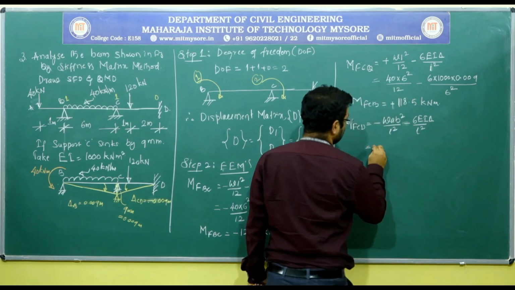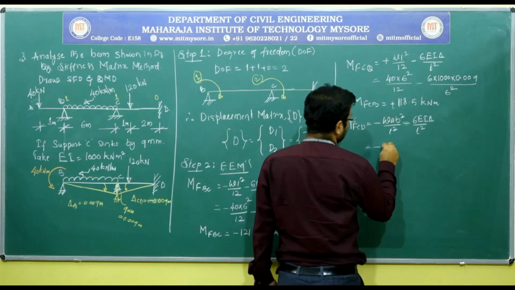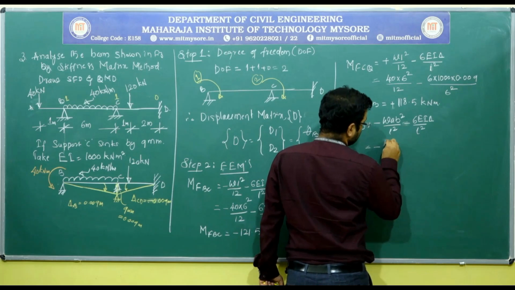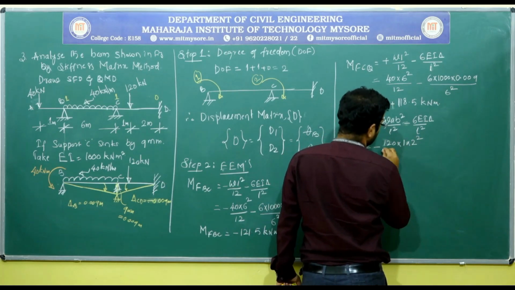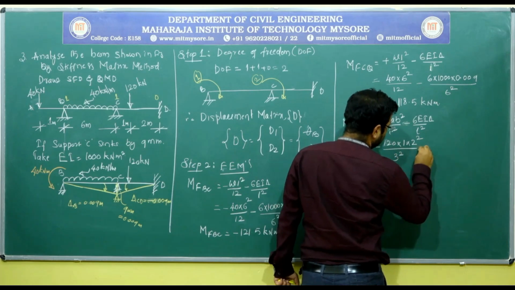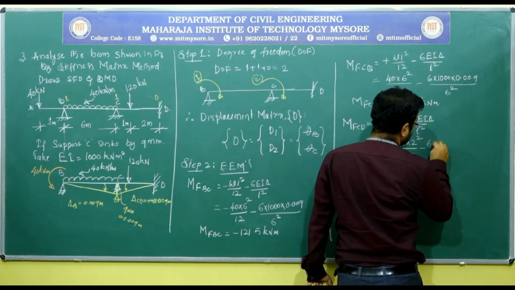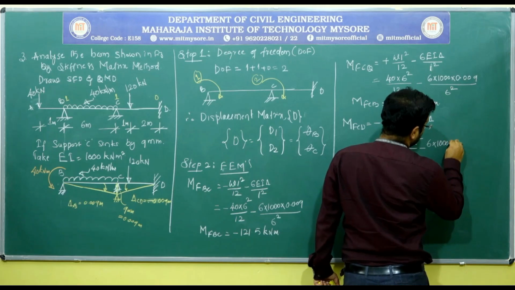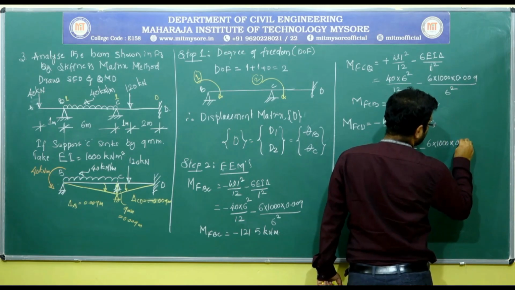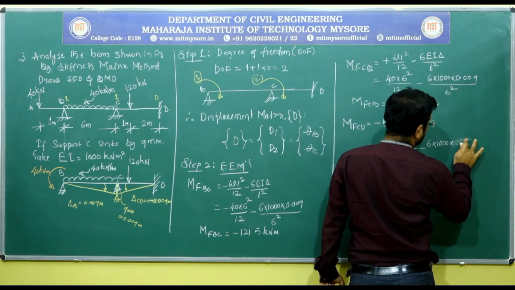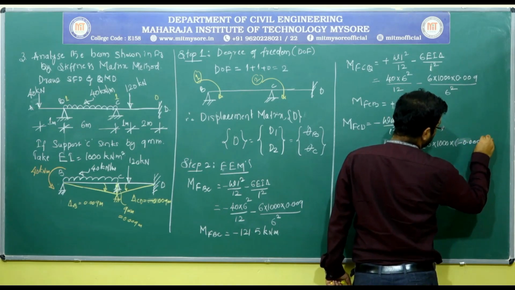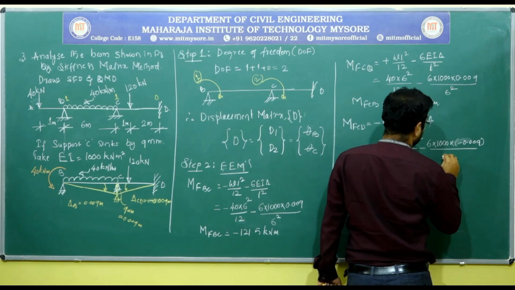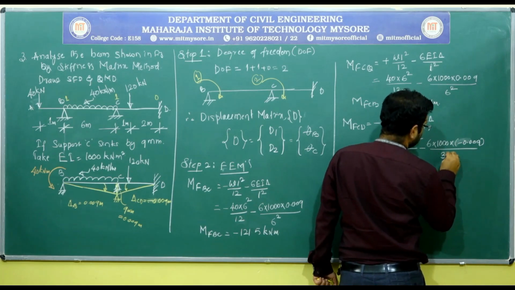Here W is 120 kilonewton, A is 1 meter, B is 2 meters, so it is 120 into 1 into 2 square divided by 3 square, minus 6 into EI 1000 into delta, and here the delta value is minus 0.009, divided by L square, L is 3.